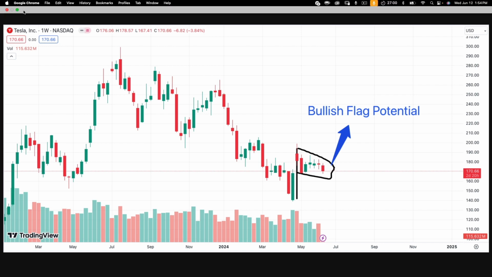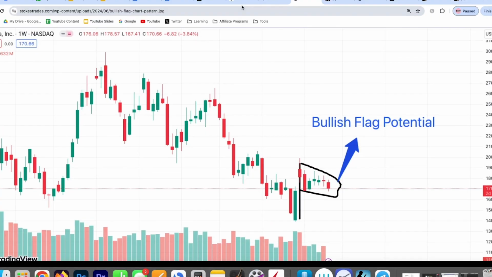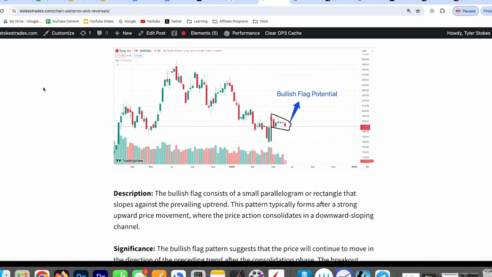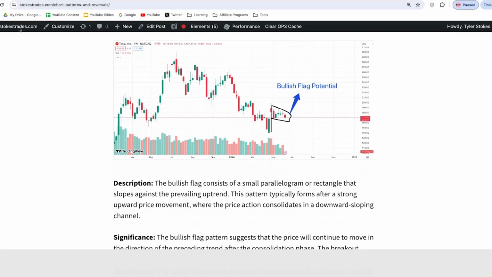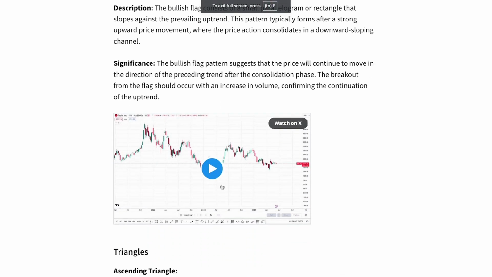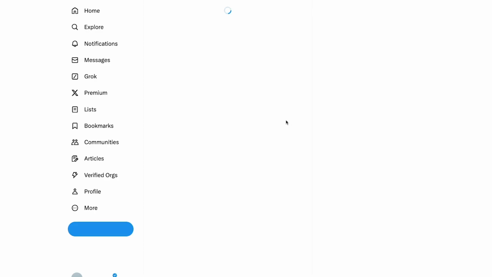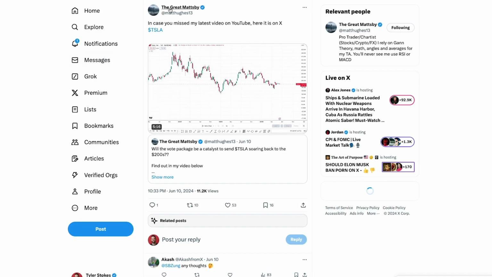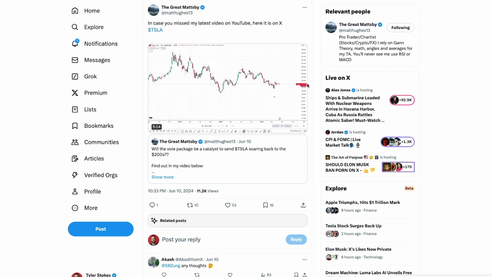Below in the article, for reference, I have a video that you can play if you want to get access to this article. It is below this video. I came across this from a post on X from the great Matsby. He has a video that you can watch, and he explains what's going on with this bull pattern in greater detail. I'm very much just a beginner at this stage.